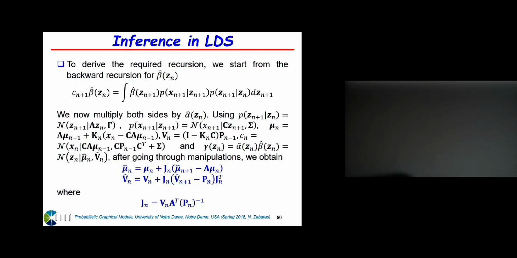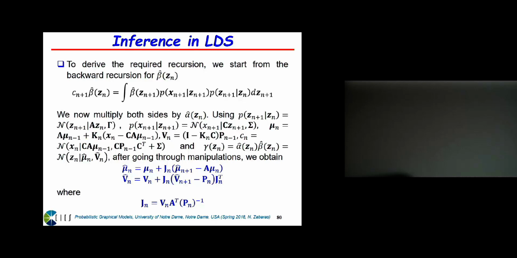The mean and the variance for the gamma message are the mean and the variance that we computed for the alpha messages, plus these terms, which are the mean and the variance one step ahead, right? Because these are backwards equations, minus A mu n minus P n that we derived, and this matrix Jn here is given by Vn times A transpose times P n minus 1.